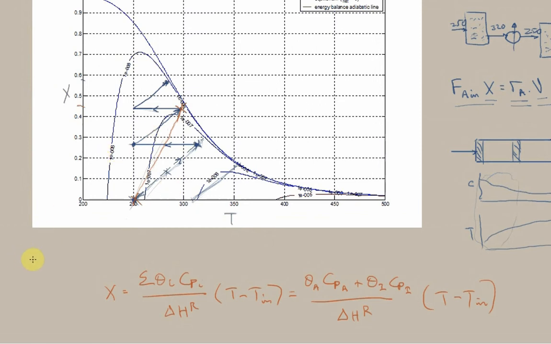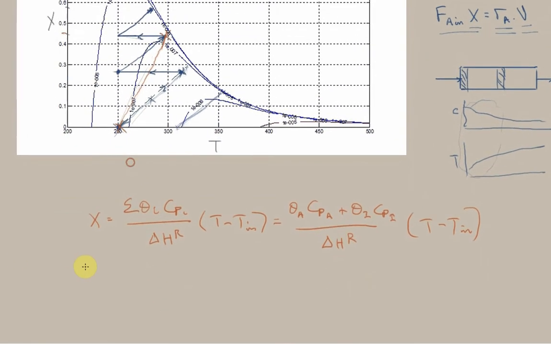So we can say the desired slope dX/dT is equal to, and the change in X there is 0.45, and the temperature change here is 300 minus 250, so that's 50 Kelvin.